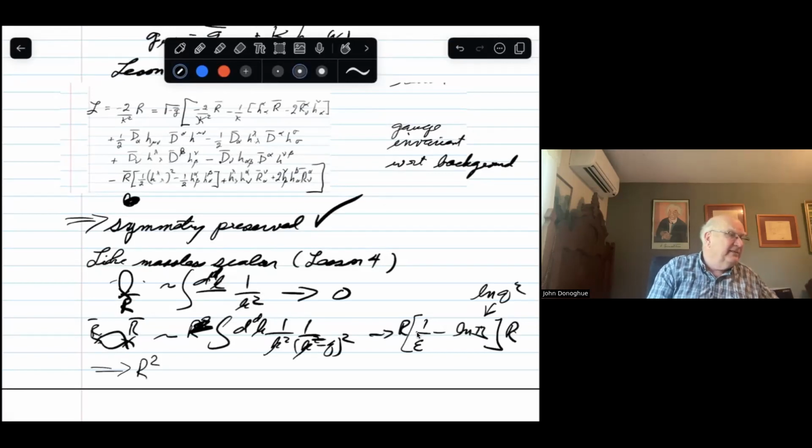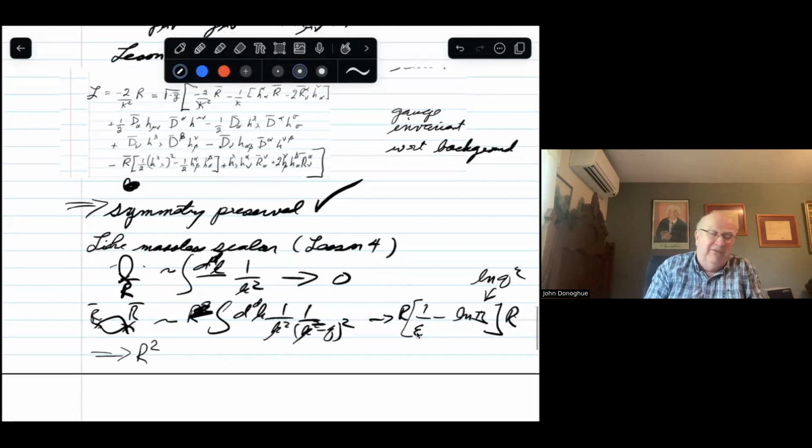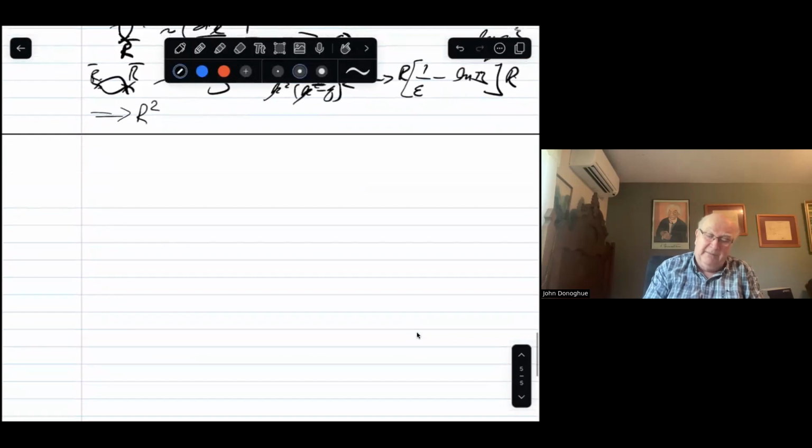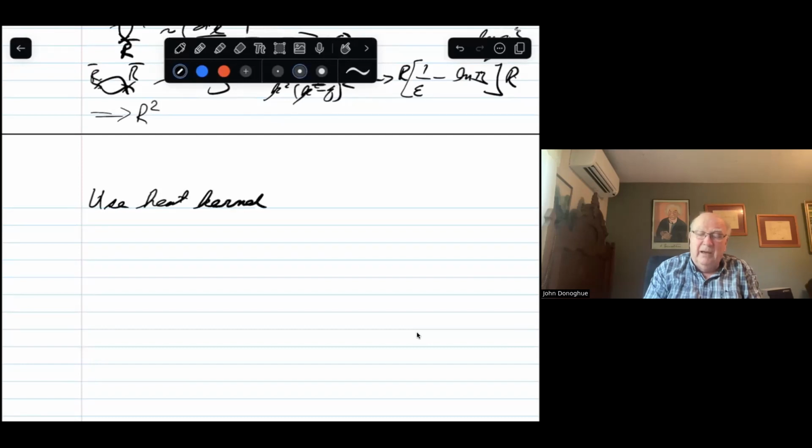By dimensional analysis it is the same as the scalar field. And now's where I wish I had had a little more time to do more on the heat kernel, because the best way to do this is the heat kernel. I do not have time to do this, but 't Hooft and Veltman did. They calculated these heat kernel coefficients for the graviton and the ghost fields. They get 1 over 16 pi squared.